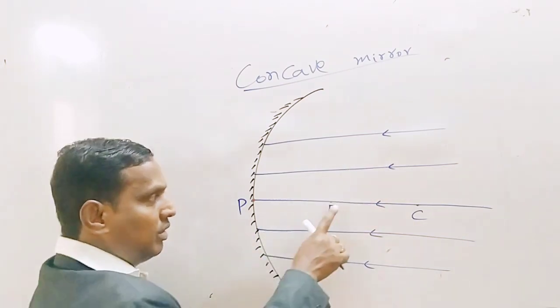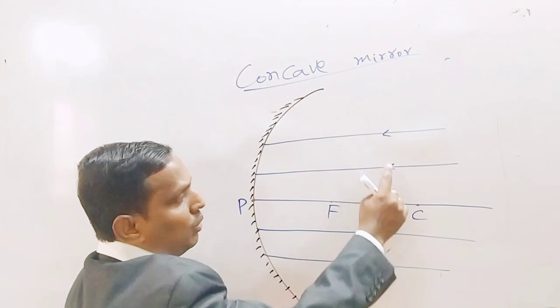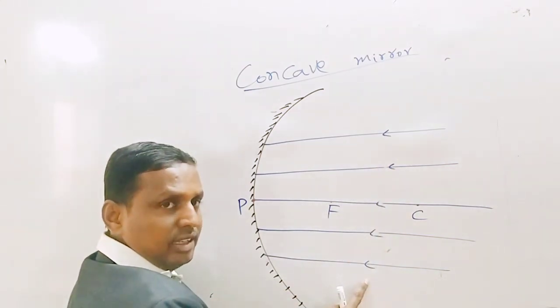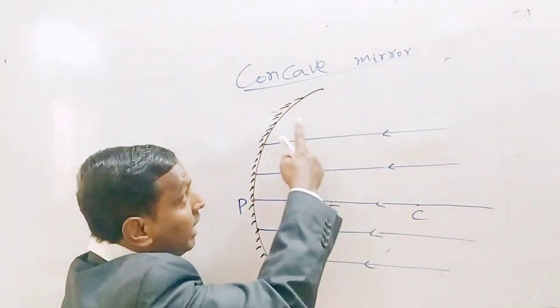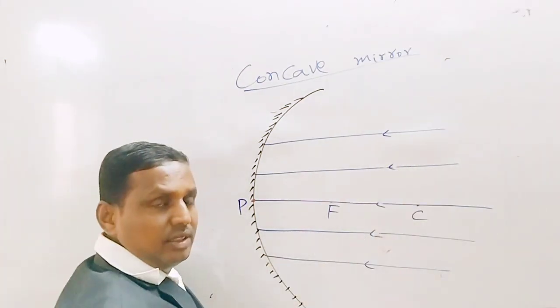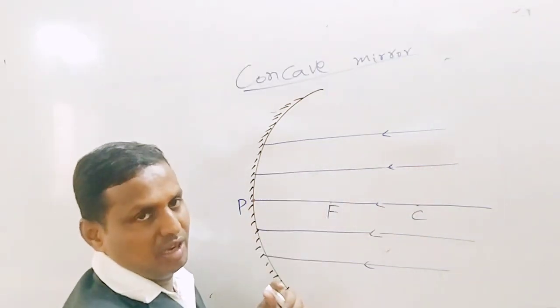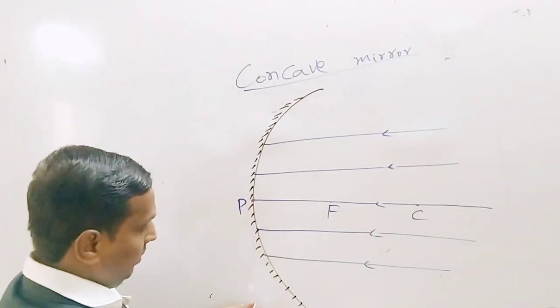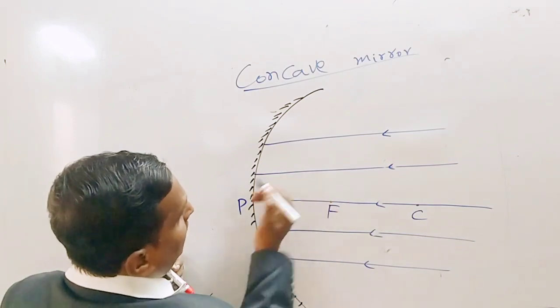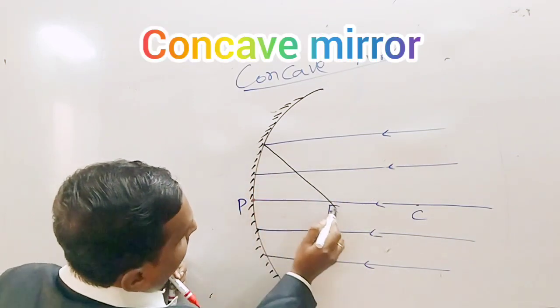How many? One ray is coming along this line. So 1, 2, 3, 4, 5. These are light rays incident on the mirror. Then what happens here? They will be reflected back. See how they are reflected. Incident ray, reflected.